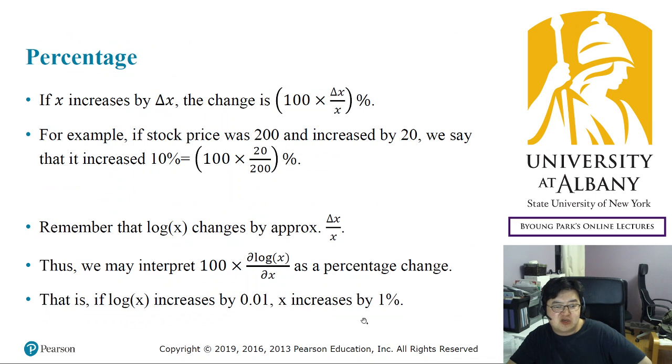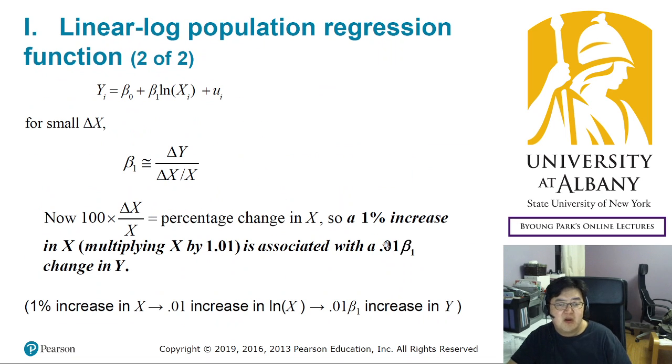Like here, remember, so x increased by 1% means log of x increased by 0.01, and then y increases by 0.01 beta 1. That is how we interpret this, right? 1% increase in x means 0.01 increase in log x, and which means 0.01 beta 1 increase in y. So you need another step of conversion, converting between x and log x.